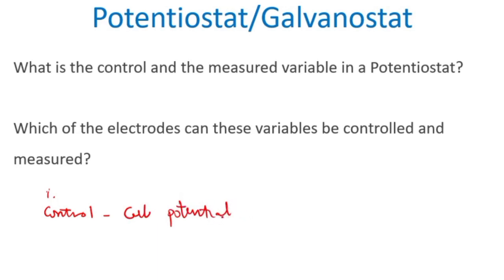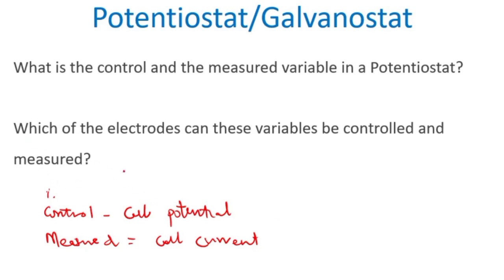Are you getting it? Yeah, the voltage is the controlled variable. And the measured variable in a potentiostat is the cell current, right? So we measure the cell current.